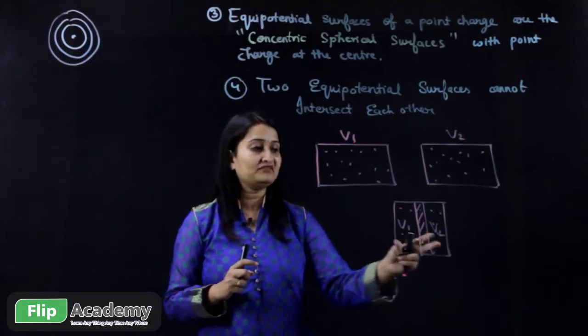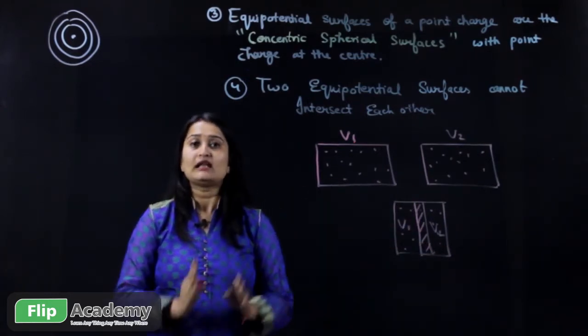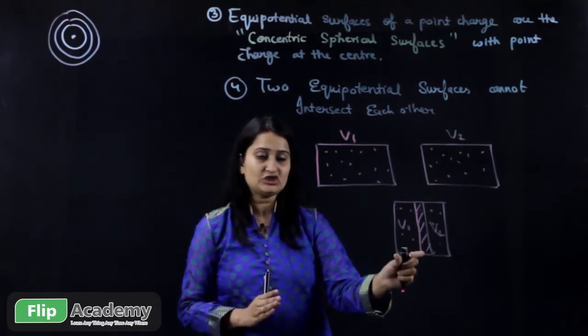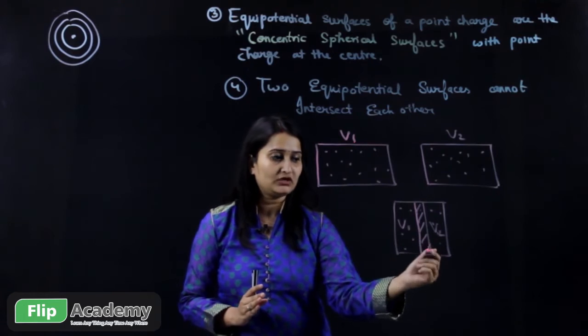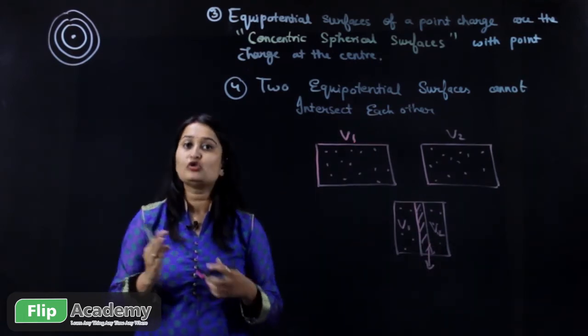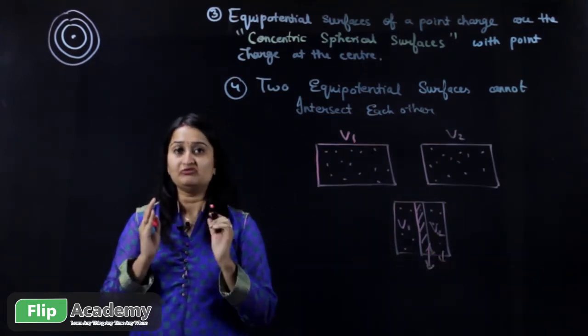So if I talk of this whole equipotential surface, then in that condition, the value of potential is changed at every point. At this condition, this is V1. At this particular condition, it is also different. It can be V1, it can be V2 or something different. At this condition also, this is also different, that is V2.